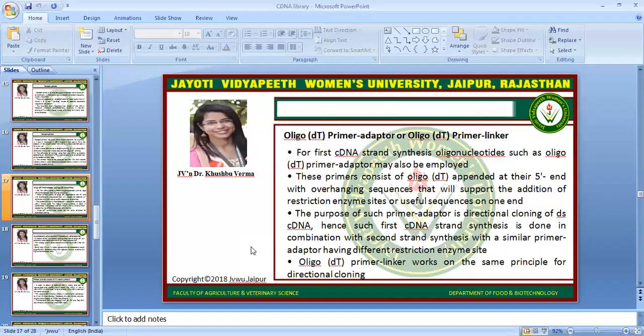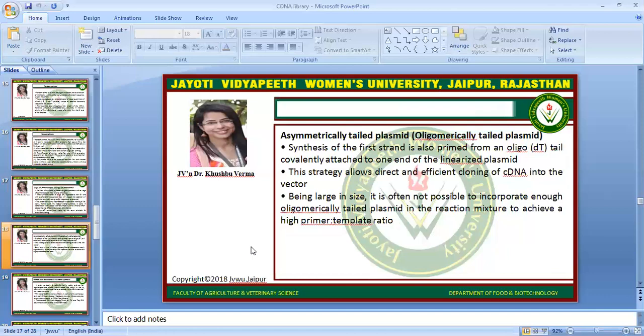The purpose of such a primer adapter is directional cloning of double-stranded cDNA. Hence, such first cDNA strand synthesis is done in combination with second strand synthesis with a similar primer adapter having a different restriction enzyme site. Oligo-dT primer linkers work on the same principle for directional cloning.